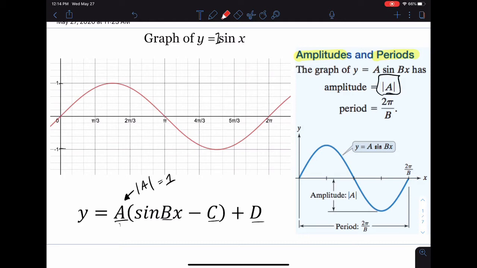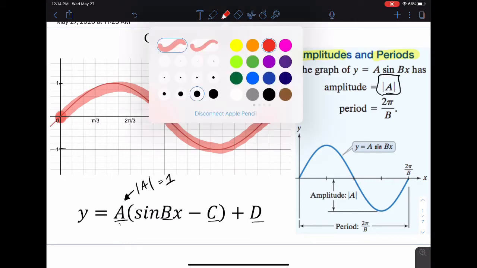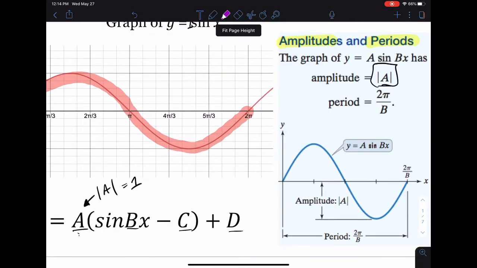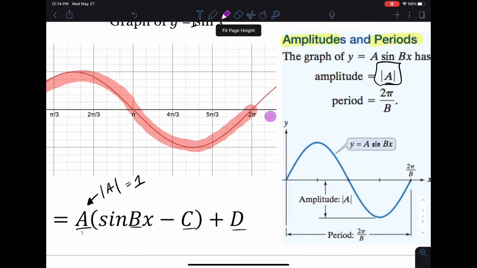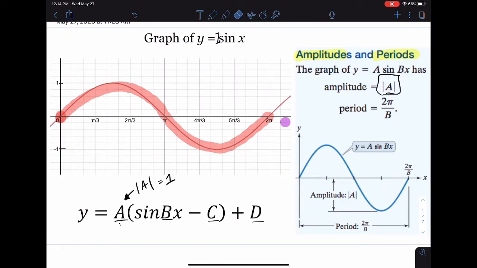It starts at 0, goes up, goes to 0 again, goes down to -1, and then comes back to 0 at 2 pi. After 2 pi, it's not going to do anything new. It's just going to repeat itself.